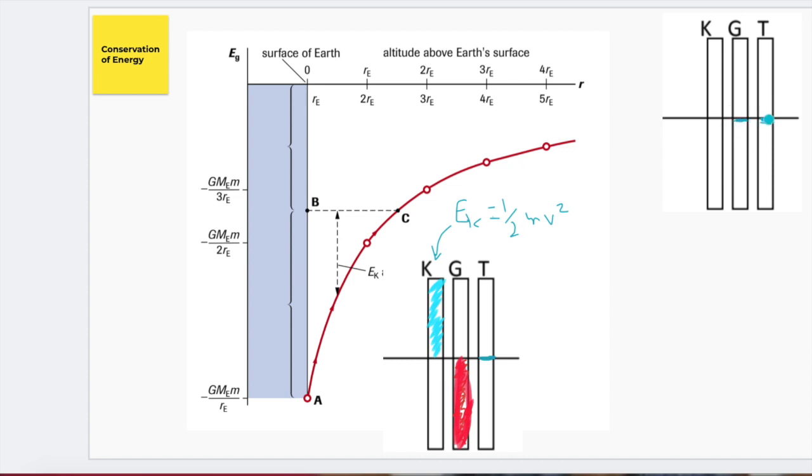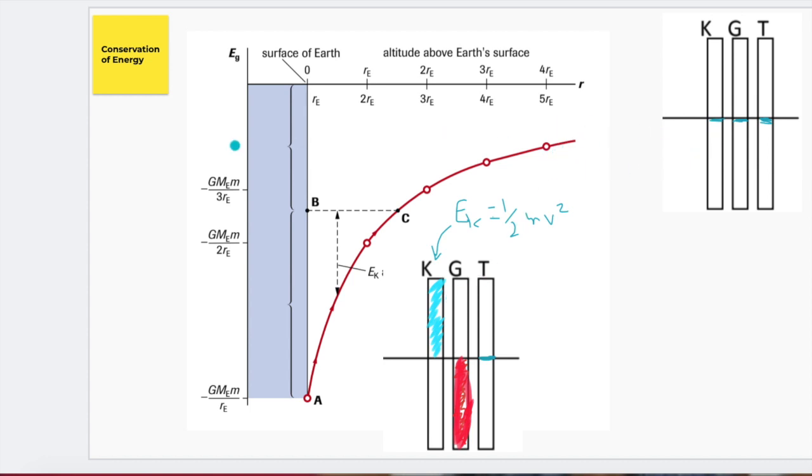If this is 0 and this is 0, then my kinetic energy is 0 as well. This is the condition where an object has just enough kinetic energy. This is almost like the Goldilocks scenario. It has just enough kinetic energy to escape the Earth's gravitational potential well. Kind of an odd situation, but there it is.